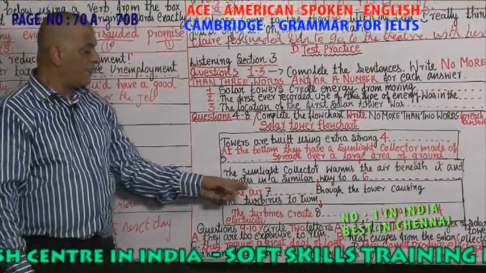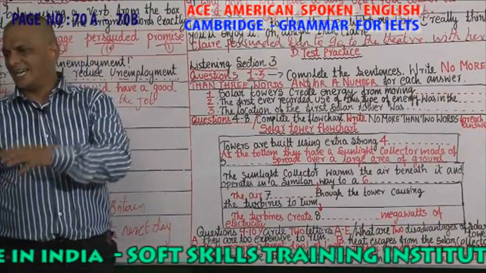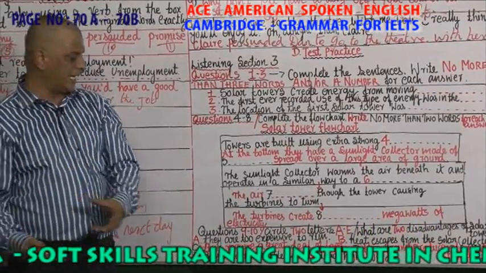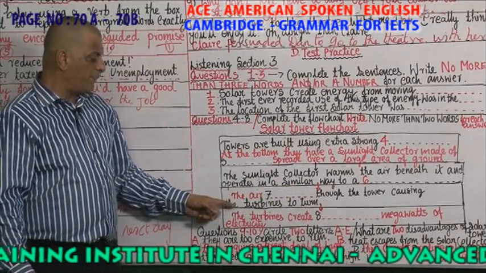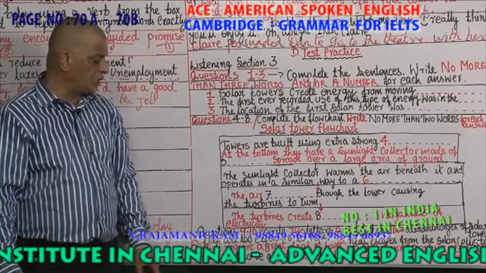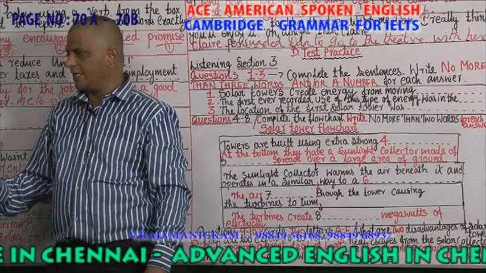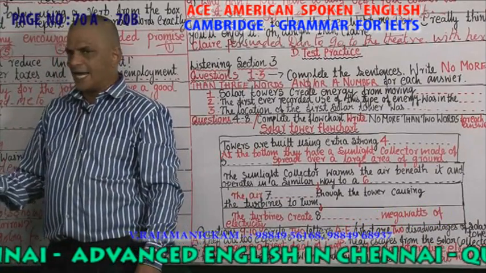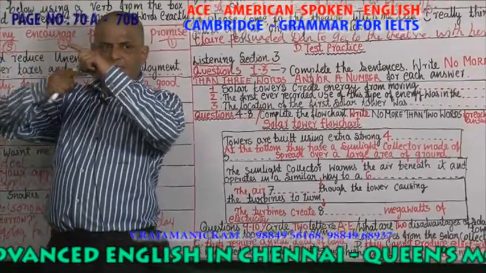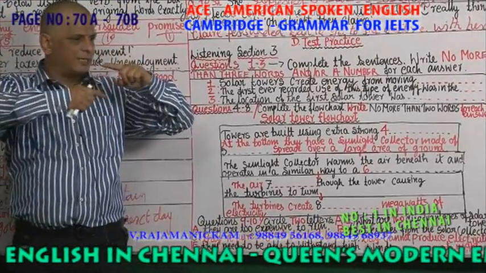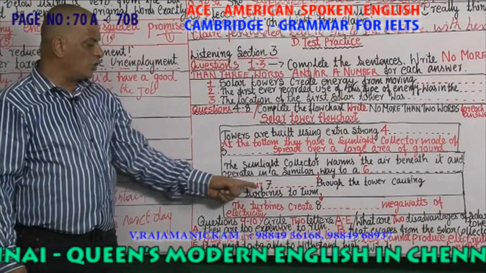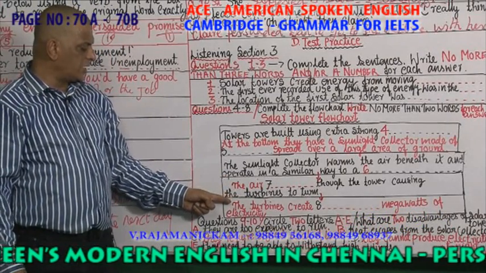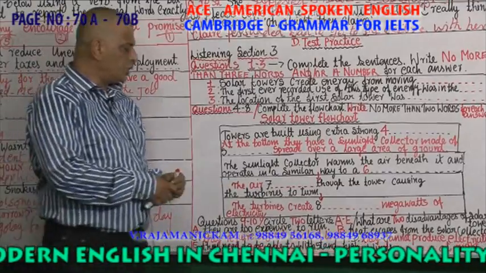Now coming here, the air means what? The heated air from the sunlight which is collected, dash, what is the answer? Through the tower causing the turbines to turn. What do you mean by turbines, sir? Anybody? Turbines. You know, as the heat goes up, something goes rolling. Turbines, right? So the air through the tower causes the turbines to turn.